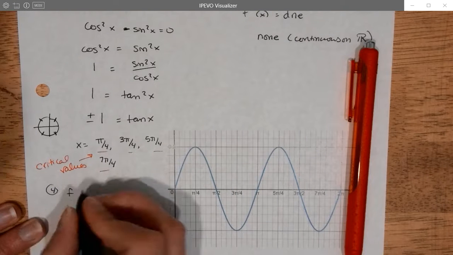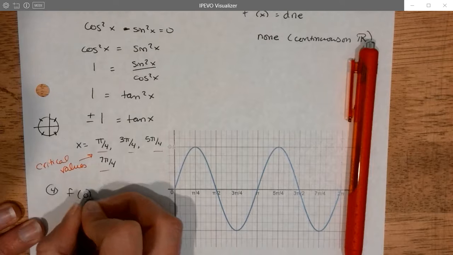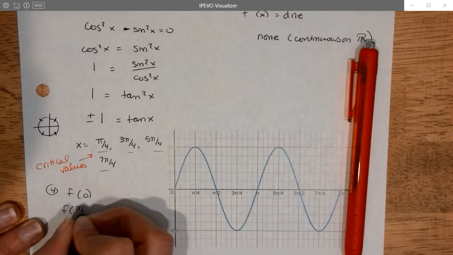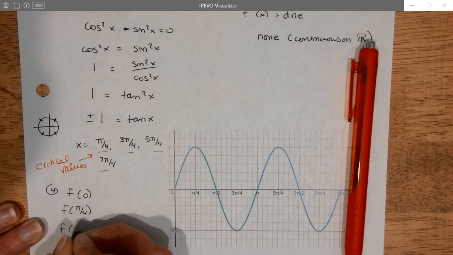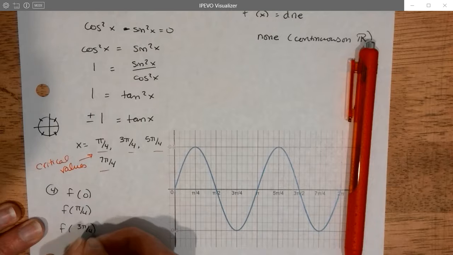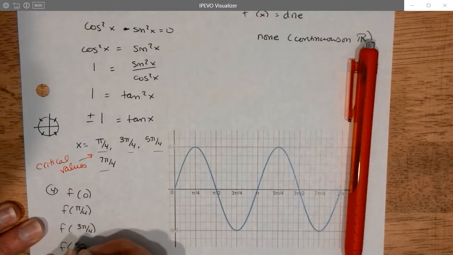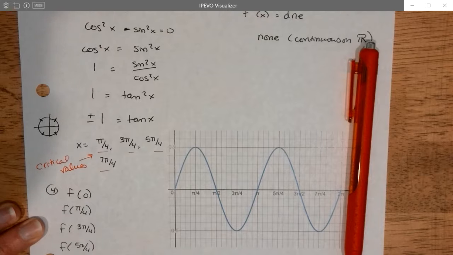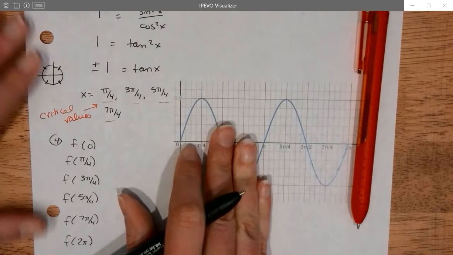So I'm going to take f and evaluate at the endpoint, 0. Then f at pi fourths, f at 3 pi fourths, f at 5 pi fourths, f at 7 pi fourths, and f at 2 pi, the other endpoint. So we need to plug all of those into our function.